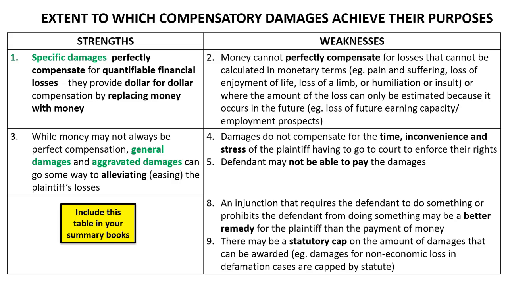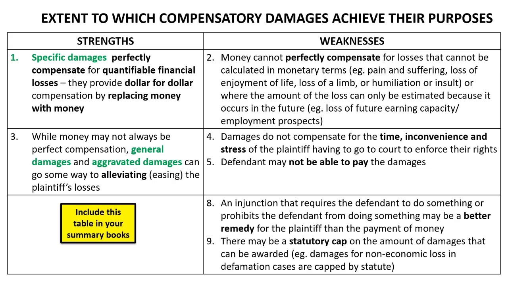And second, in some cases there may be a statutory cap, that is, a cap imposed by an Act of Parliament on the amount of damages that can be awarded to a plaintiff. For example, in Victoria, damages for non-economic loss in defamation cases are capped at $443,000. Damages for non-economic loss largely refer to aggravated damages, that is, damages for damage to reputation.